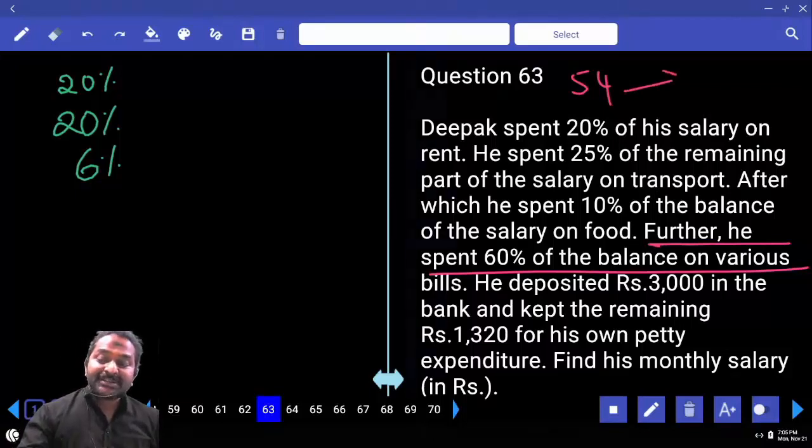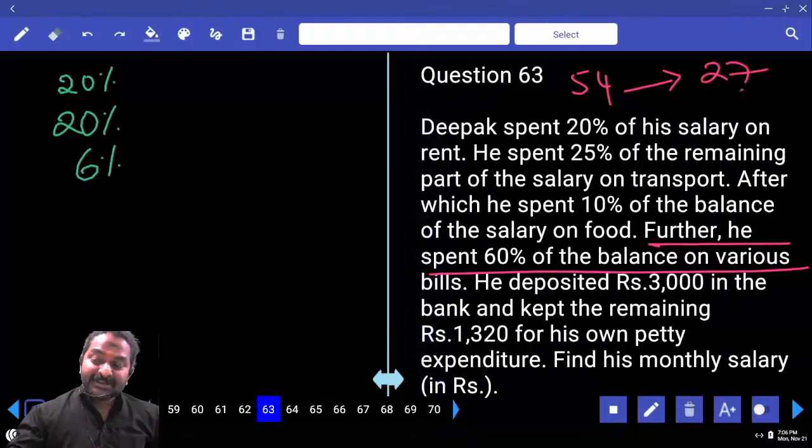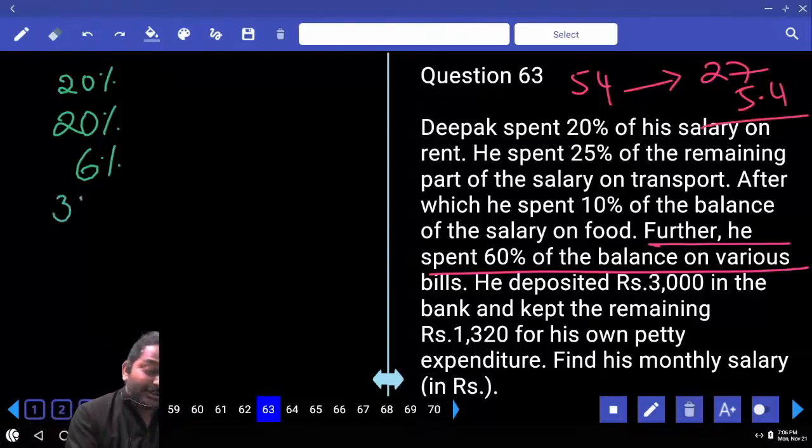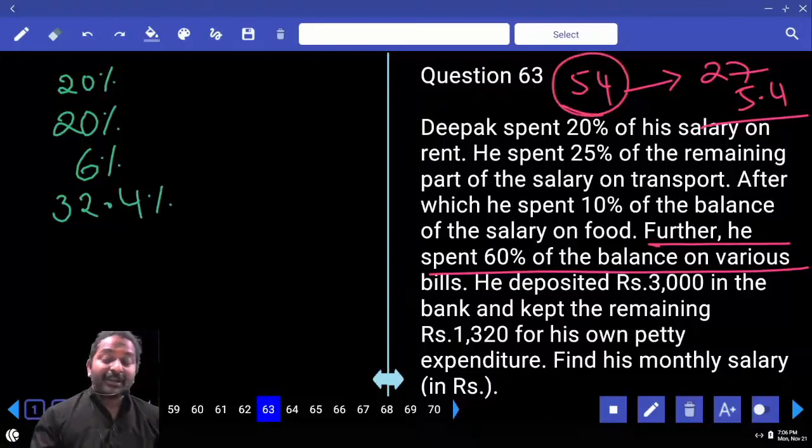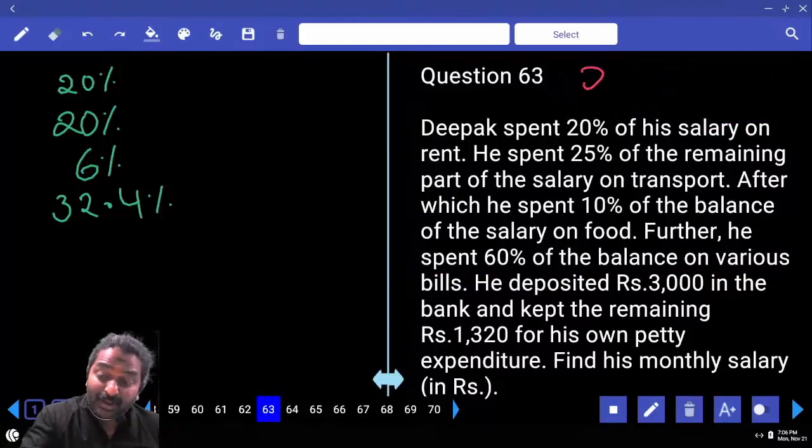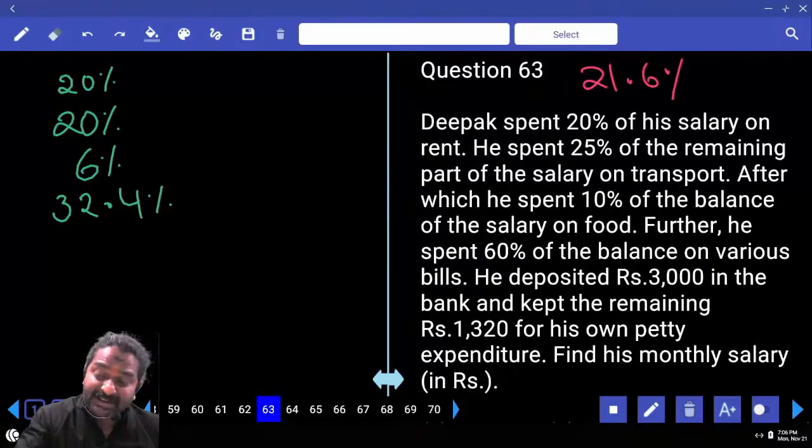Out of this, how do you get 60%? 50% plus 10%. 50% is 27, 10% is 5.4. Total 32.4 out of 54. Remaining 21.6. So 21.6 is the remaining value.